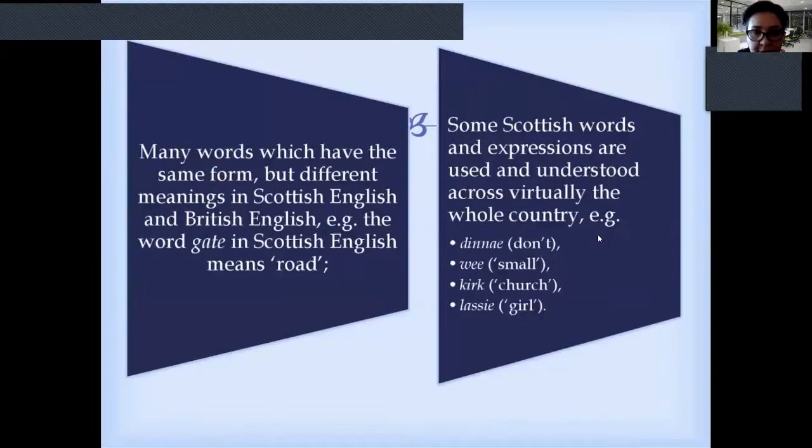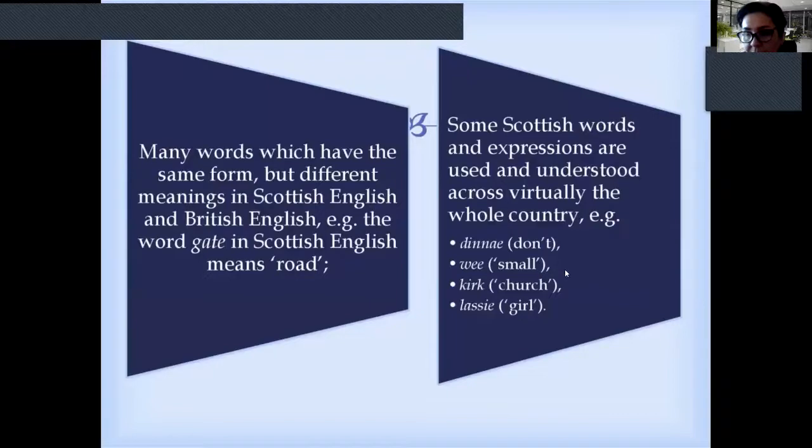And so here are some examples of Scottish words and expressions. For example, dinne means don't. Dinne is a Scottish word. Don't is a British word. Wee, small. Kirk, church. Lassie, girl.